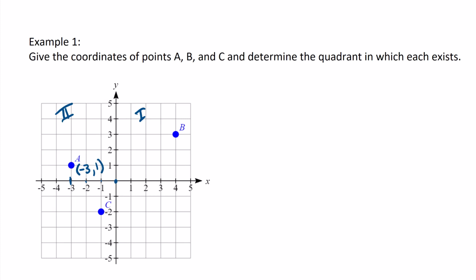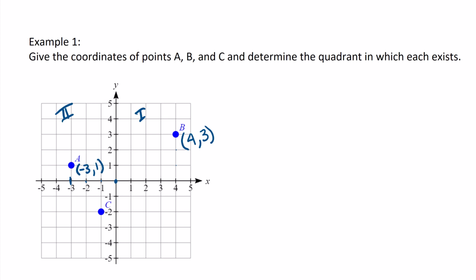Point B is in quadrant 1, and we need to start at the origin. We count to the right, 1, 2, 3, 4. This is our x part of the coordinate point. And then we need to count up 1, 2, 3. So 4, 3 is the coordinates for point B. This is in the first quadrant.